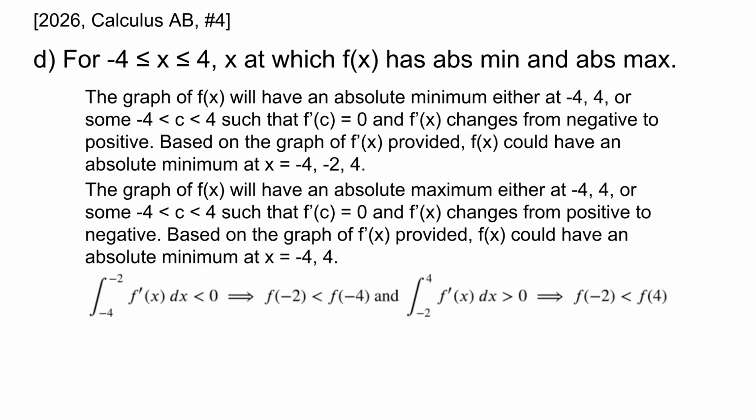And the integral from -2 to +4 of f prime of x dx is positive, which implies that f of -2 is less than f of 4. Those are the only three candidates that we need to consider.